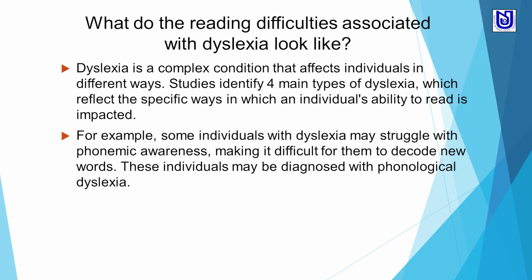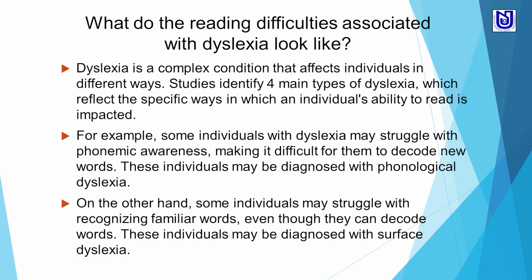For example, some individuals with dyslexia may struggle with phonemic awareness, making it difficult for them to decode new words. These individuals may be diagnosed with phonological dyslexia. On the other hand, some individuals may struggle with recognizing familiar words, even though they can decode new words. These individuals may be diagnosed with surface dyslexia.